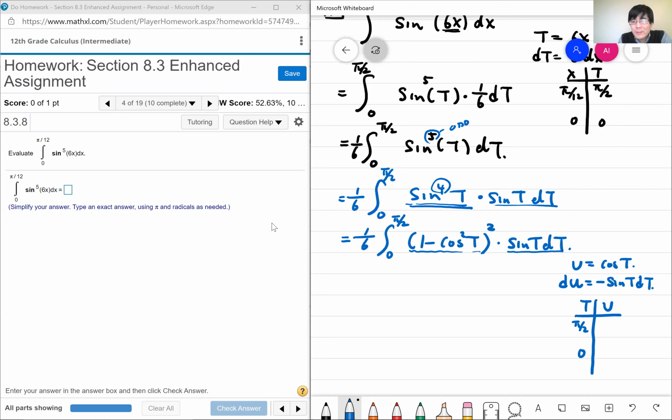So when t is 0, u is 1. And when t is pi over 2, cosine pi over 2 is 0. So it's going to be 1 over 6, from 1 to 0, of 1 minus u squared times minus du.